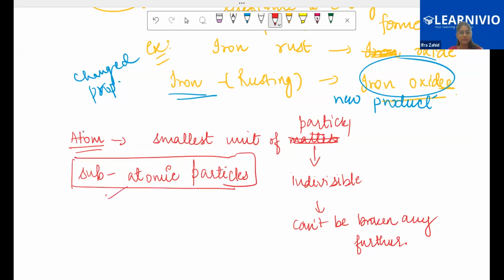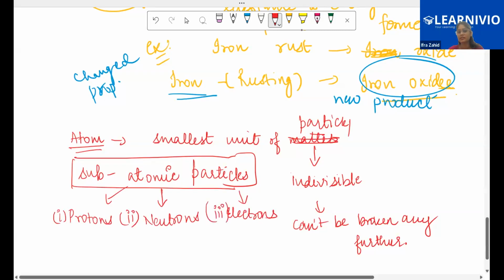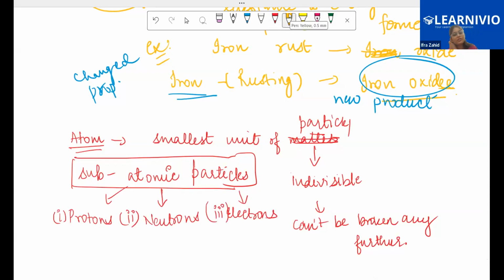Now, what are these subatomic particles? These are protons, neutrons, and electrons. So there are three subatomic particles: protons, neutrons, and electrons. And you also had to tell the charge that they possess, right? Yes, ma'am. Can you tell me the charges? Ma'am, it should be positive. Which one is positive?